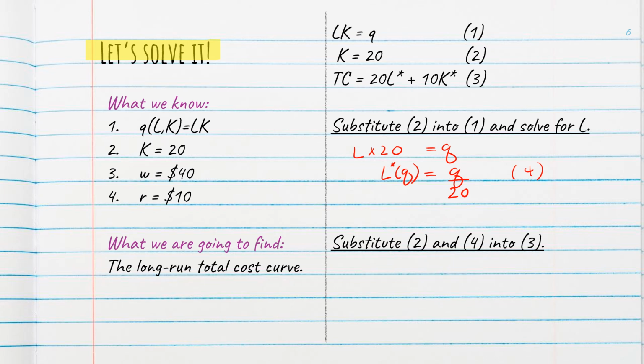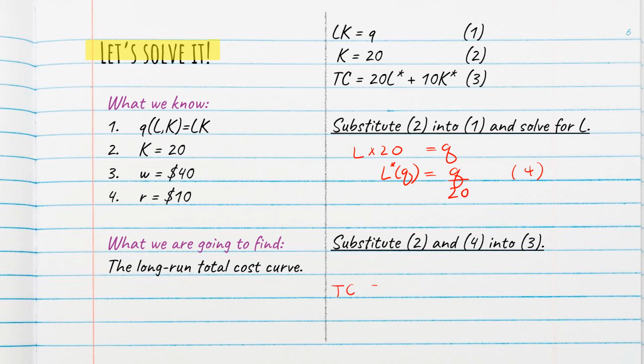From here, we just need to plug in what we know. We know that K is 20. We now know that L is Q over 20. And we can plug K equals 20 and L equals Q over 20 into equation 3, the total cost function, and we'll have a total cost curve that depends only on Q, the output goal.